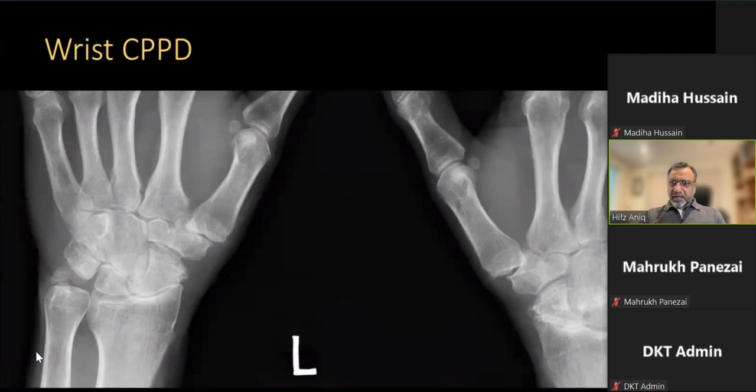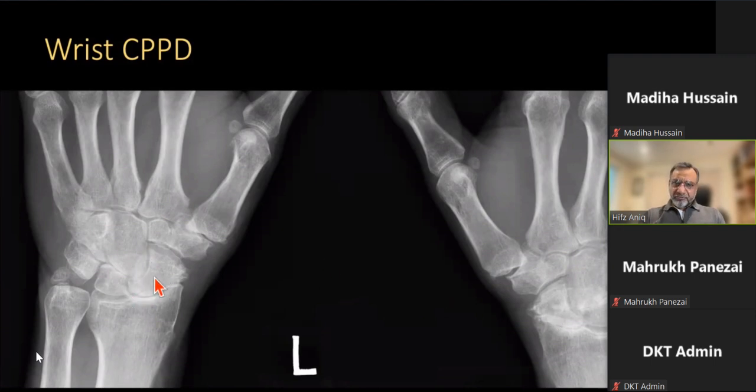Now look at, as I said, this typically involves the radioscaphoid joint. Okay, the radioscaphoid is the initial one. Look at the radius. There is an excavation, some grooves making space for the scaphoid, and this is on the other side.